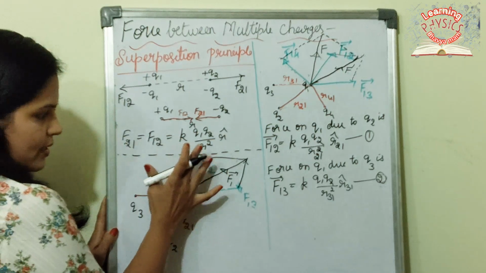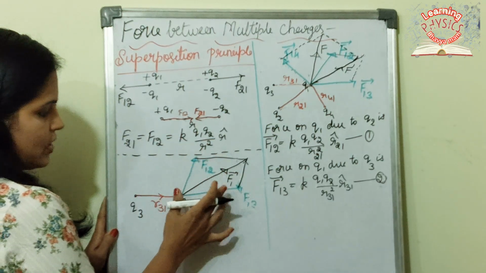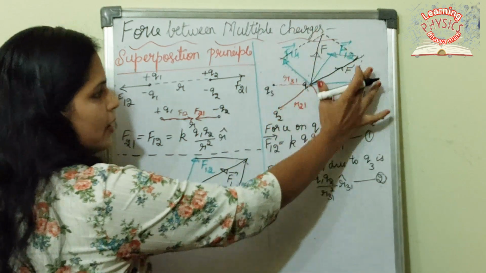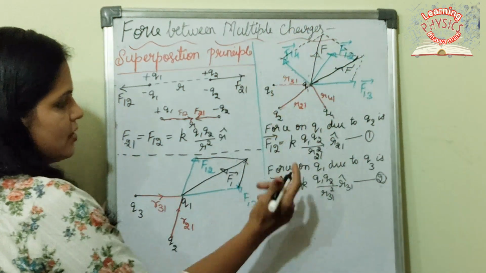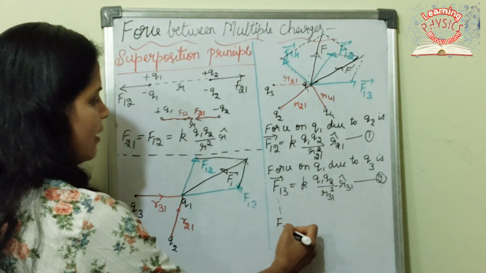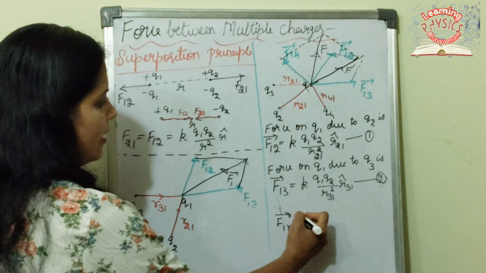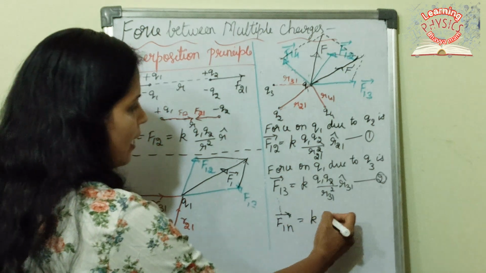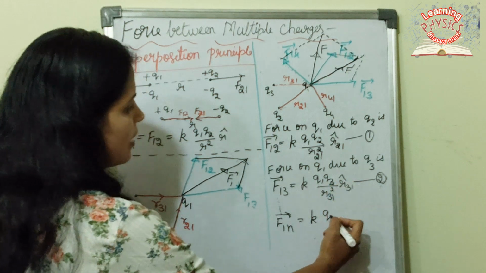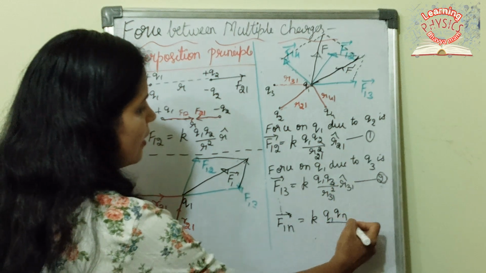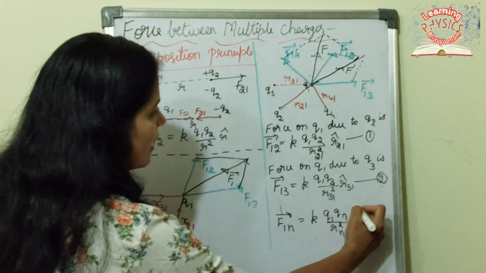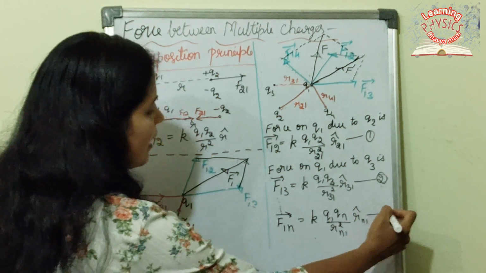Just to understand this concept, while drawing the picture I've taken only two charges, but you know that it consists of n number of charges. So let us write like this: F1n, n is any number of charges. So K, Q1, Qn, divided by Rn1 square, Rn1 cap.